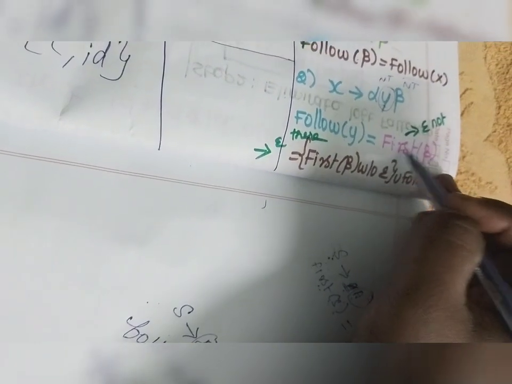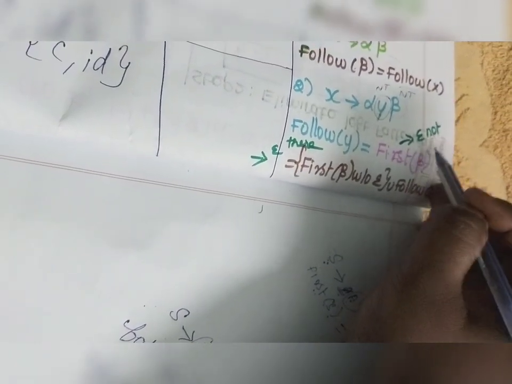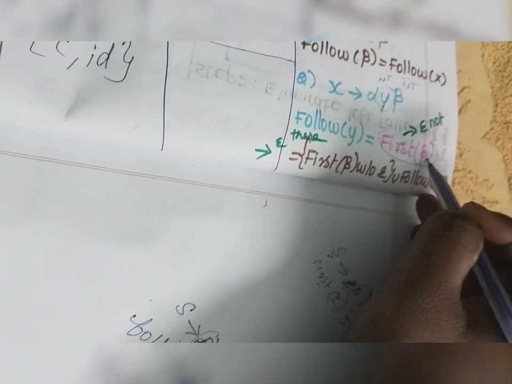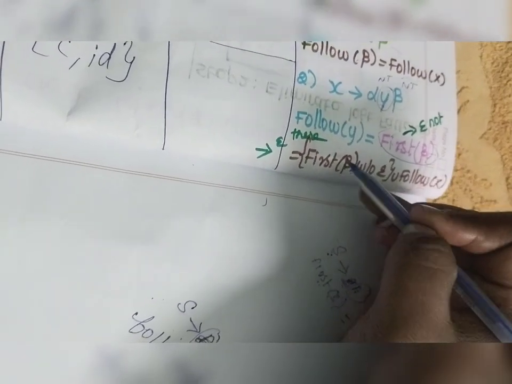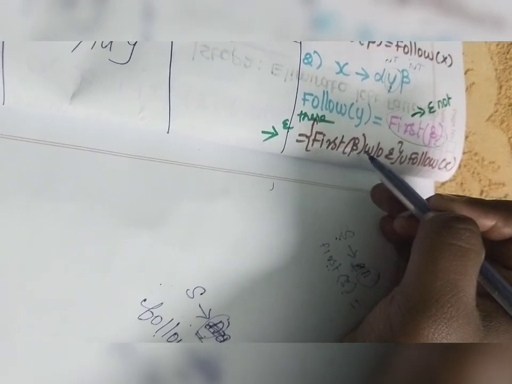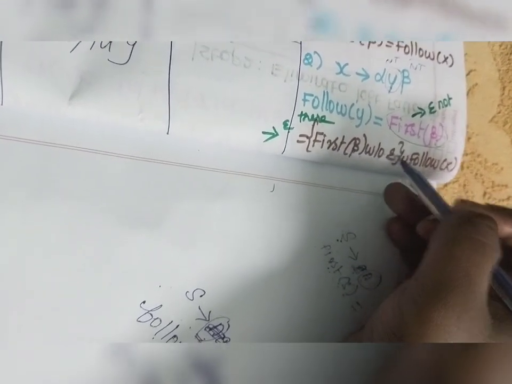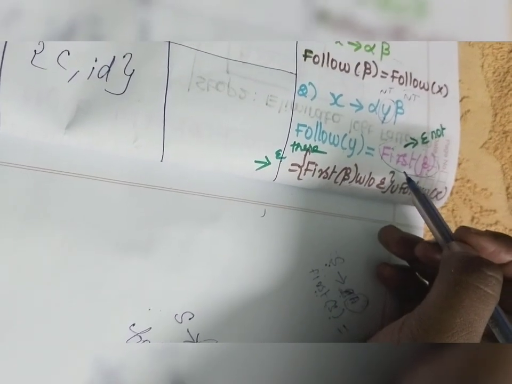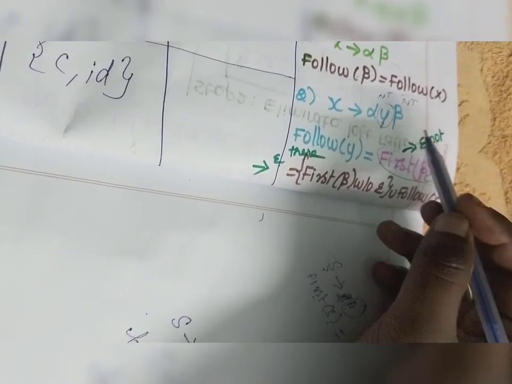If epsilon is not in the first of beta, you use this production. If the first of beta has epsilon, you have to use this production, that is first of beta without epsilon union follow of X. Okay, we will do it in the problem. I think you understand by that time.